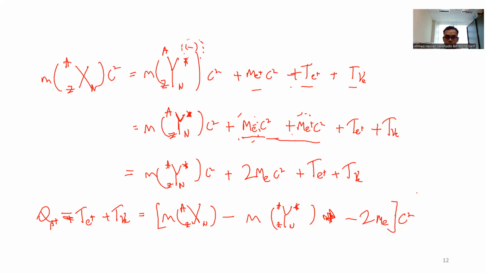And then next is electron capture. Electron capture is also when the neutron is deficient.